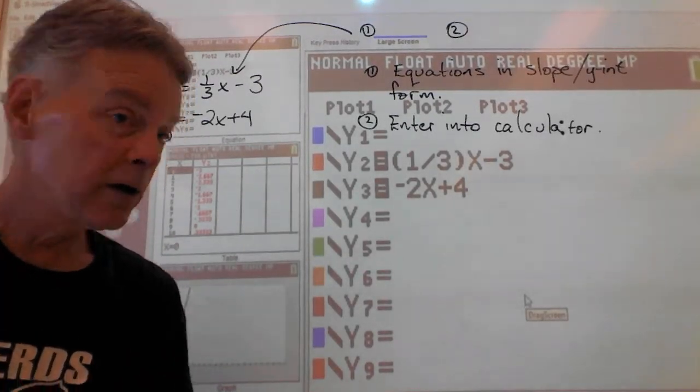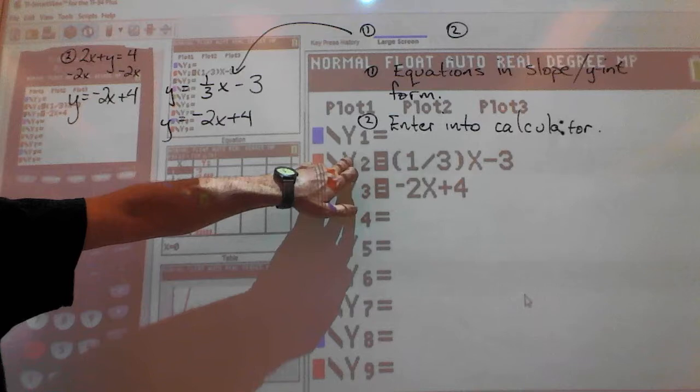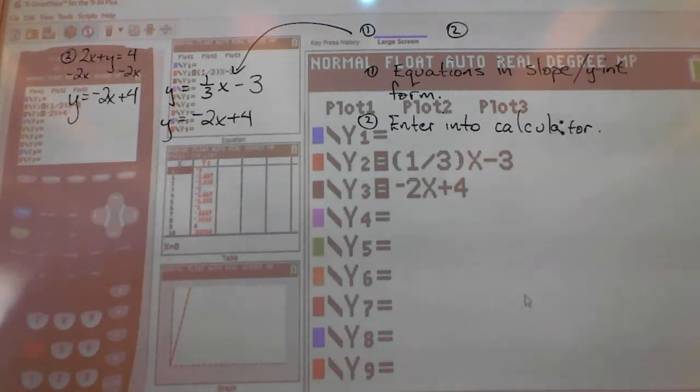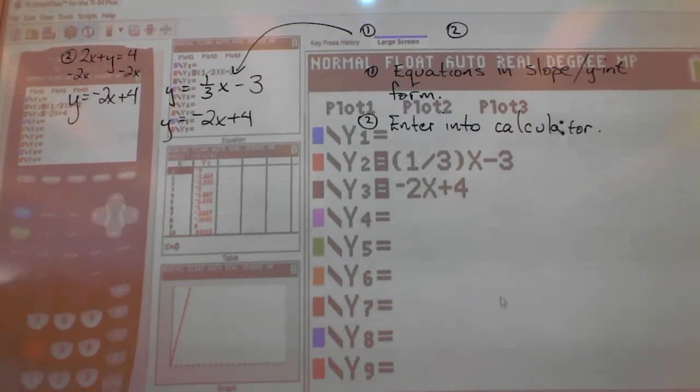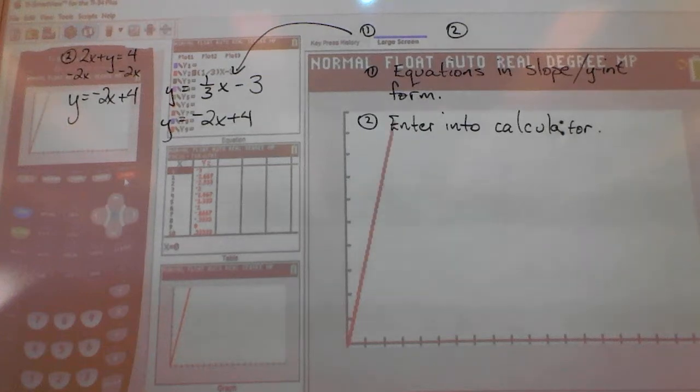Now the magic. Okay, we've entered this equation, we've entered that equation. Now what we need to do is we need to press graph, which is in the upper right-hand corner of your calculator. And as soon as we do that, ka-ching.